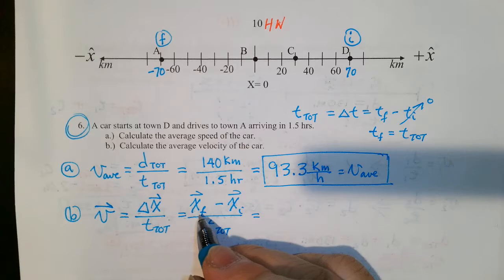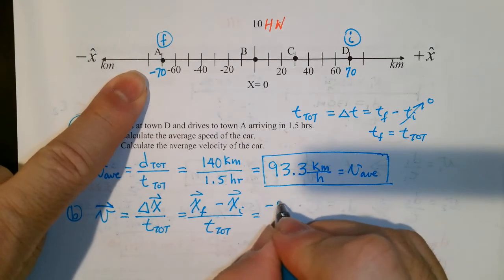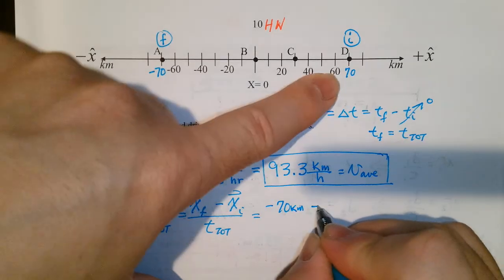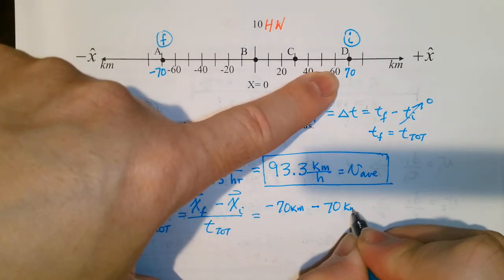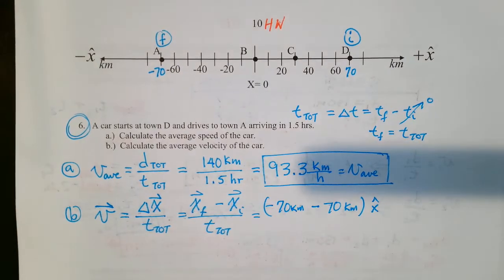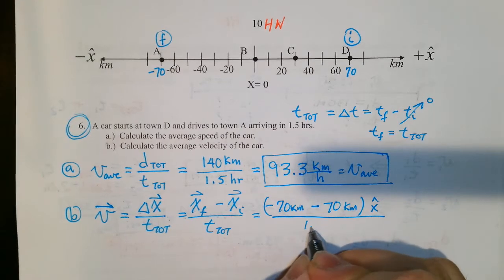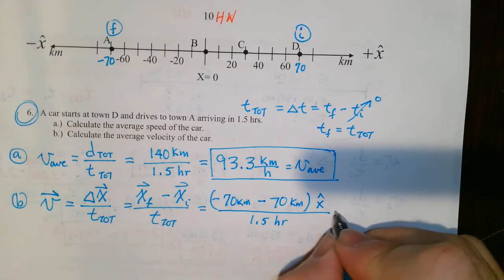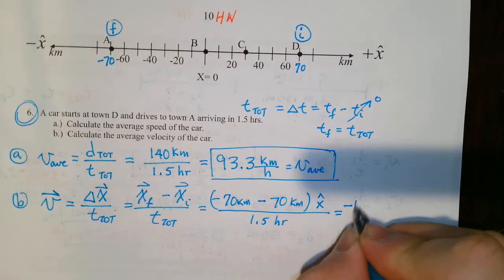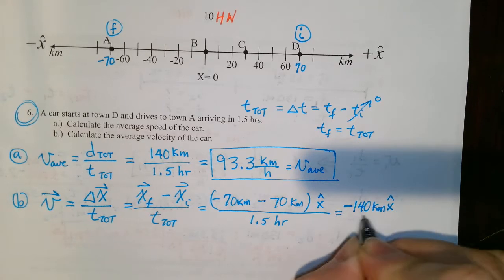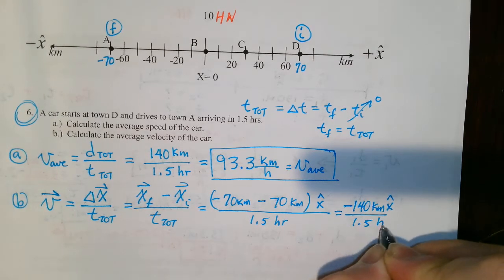That is, final position is negative 70 kilometers minus 70 kilometers x hat. Divide that by t total, which is 1.5 hours. So this becomes negative 140 kilometers x hat over 1.5 hours.